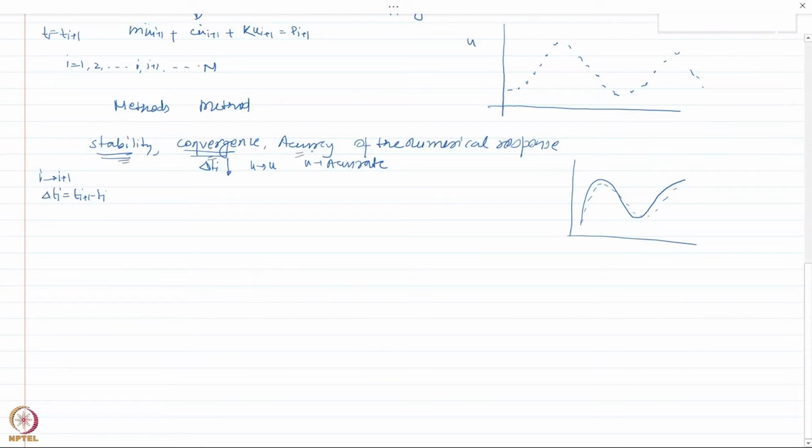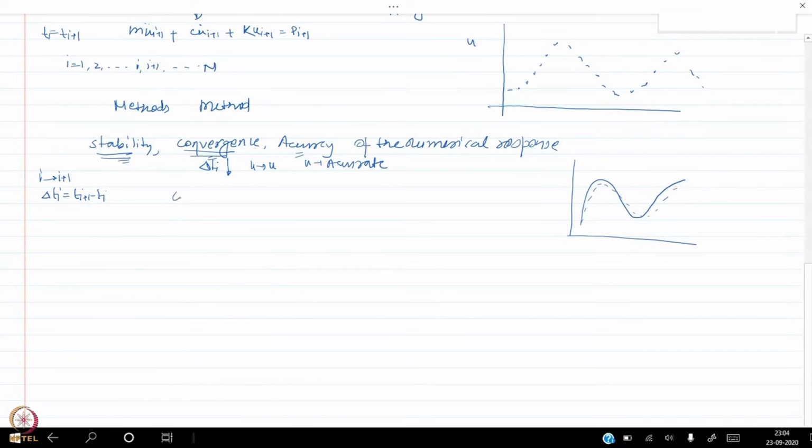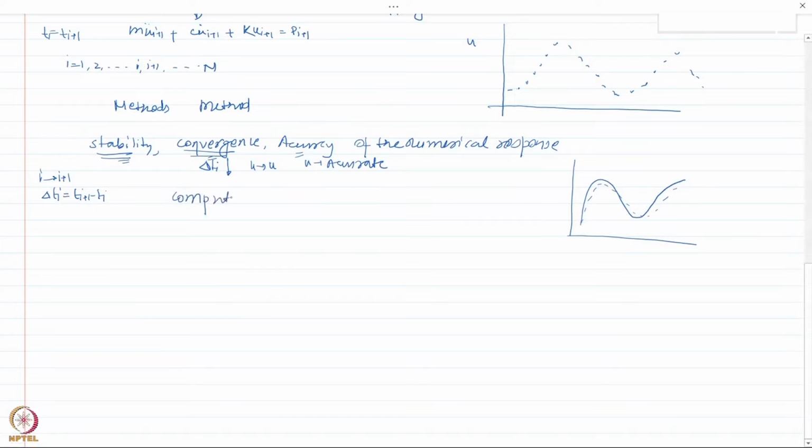But there is also one other point which plays a big role, and that is computational cost. Remember, when each of these numerical solutions is determined, the computer has to perform a certain number of operations to obtain the solution, and how efficient a computational solution is depends on the algorithm for that particular method.